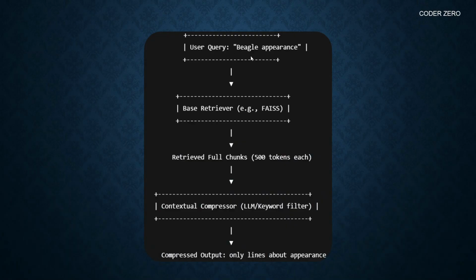We receive the user query, we create the base retriever, then we retrieve the relevant documents, then we pass that to a compressor and it will remove unnecessary information and keep only relevant information with respect to our user query. And the compression happens by using an LLM.